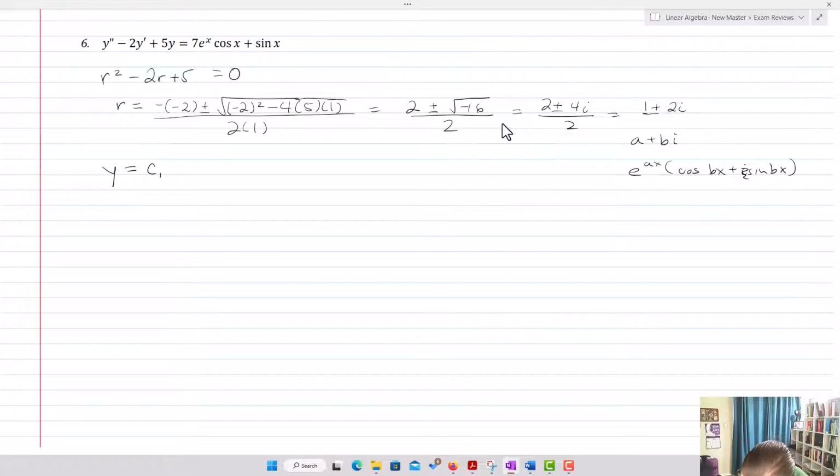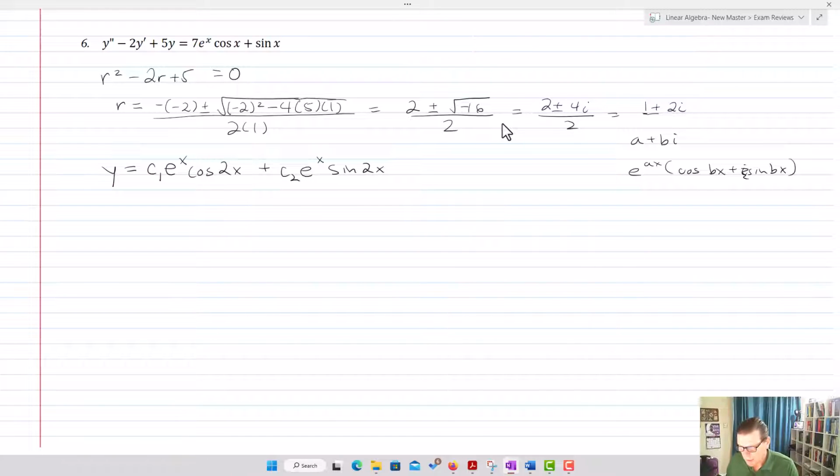So we're going to get c1 e to the 1x, and this will be cosine 2x, plus c2 e to the x, and this is sine 2x. Okay, so that's my solution.